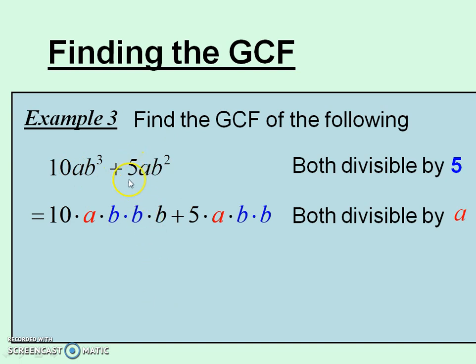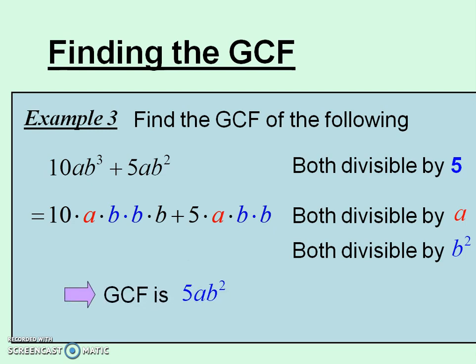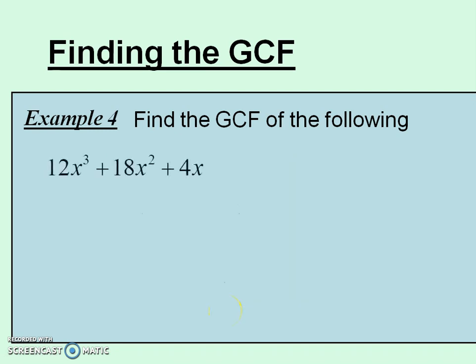It's kind of like how 5 is the GCF, even though it's the smaller of these two. Because 5 can still go into 10, but 10 can't go into 5. So these 2 b's mean that both terms are divisible by at least b squared. And that means that the greatest common factor of these two terms is 5ab squared. You can sort of do it variable by variable.